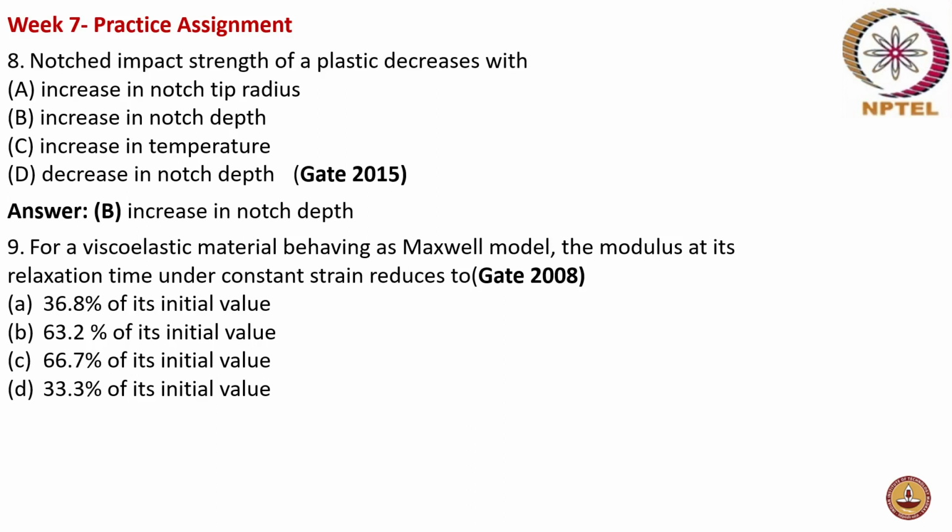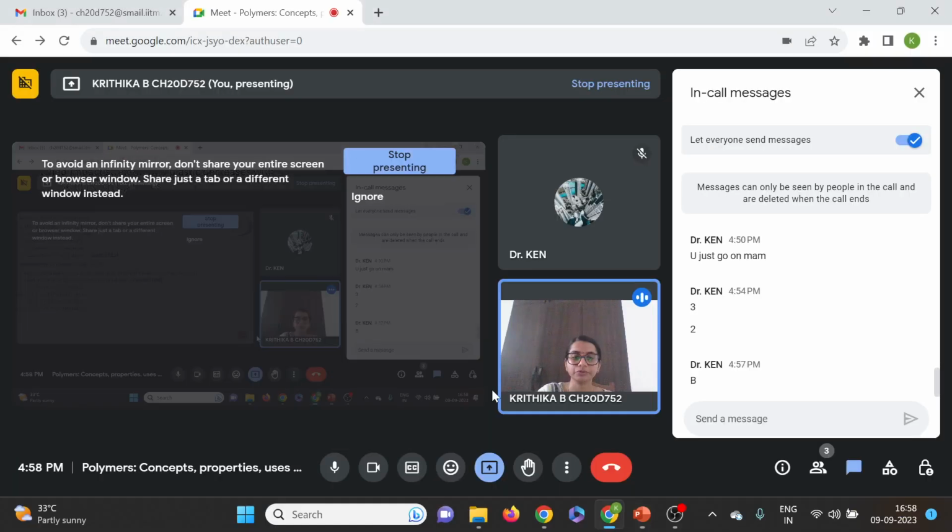For a viscoelastic material behaving as a Maxwell model, the modulus at its relaxation time under constant strain reduces to dash. Does it reduce to 36.8% of its initial value, or 63.2%, or 66.7%, or 33.3% of its initial value? To how much does it reduce?